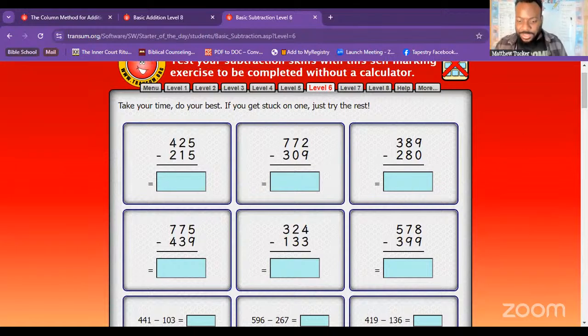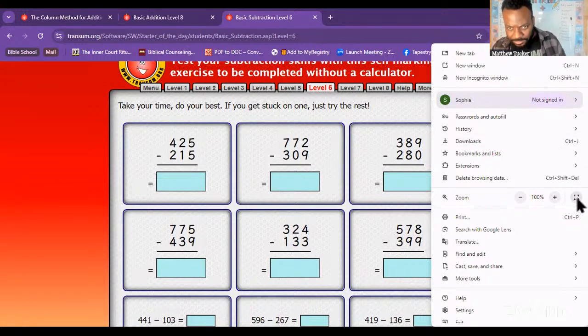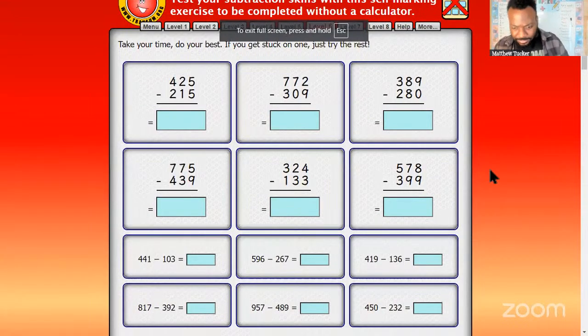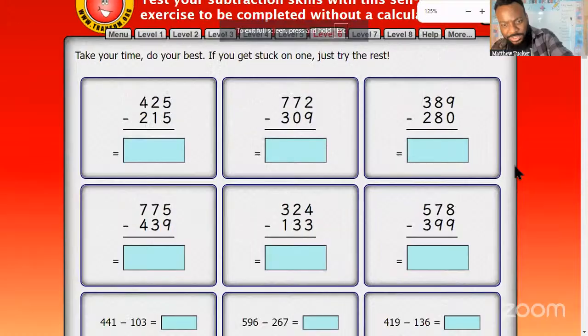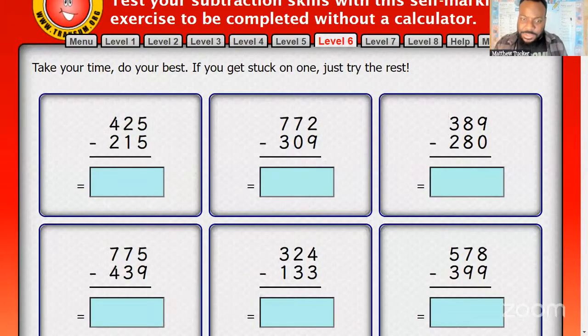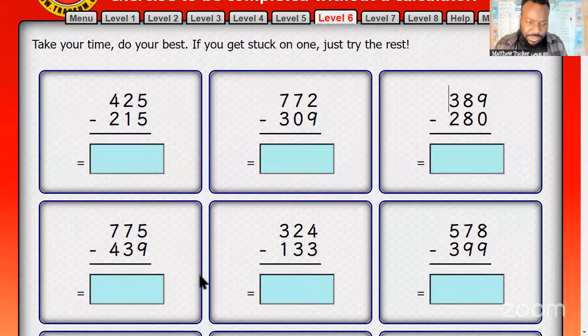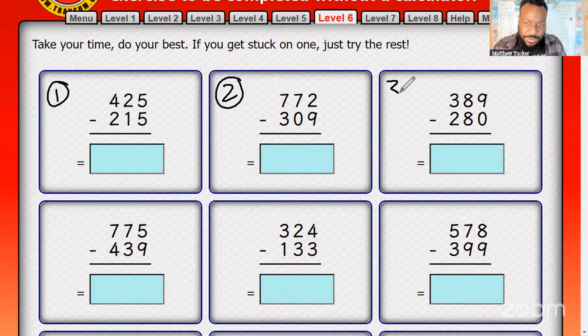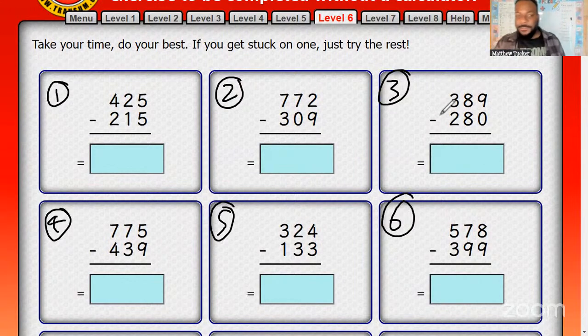So I'm going to zoom in a bit here. Use my full screen. There we go, full screen. Zoom in. We'll just look at these ones here. Okay, have a go, write them down, type in your answers. And for organization's sake, make this question 1, 2, 3, 4, 5, and 6.